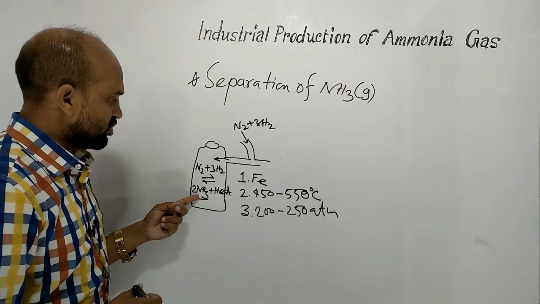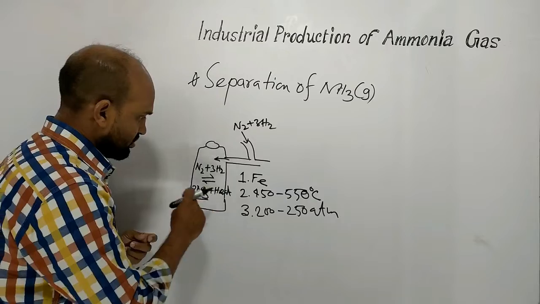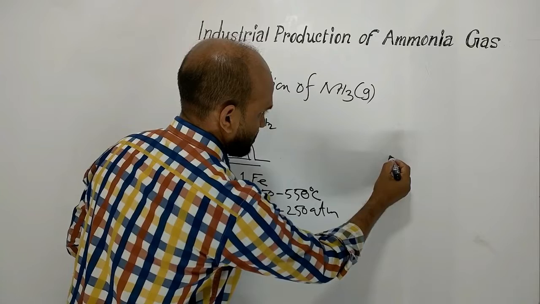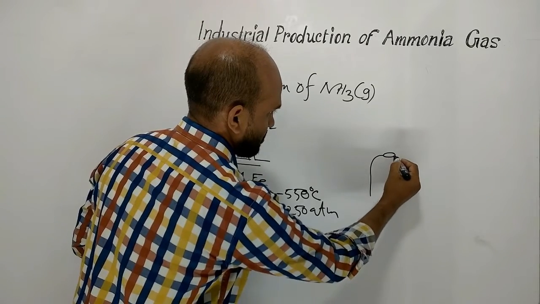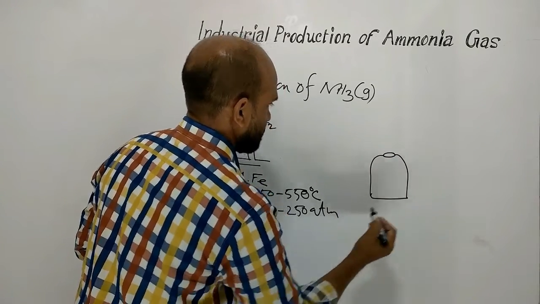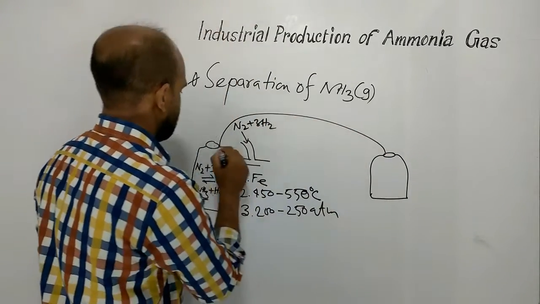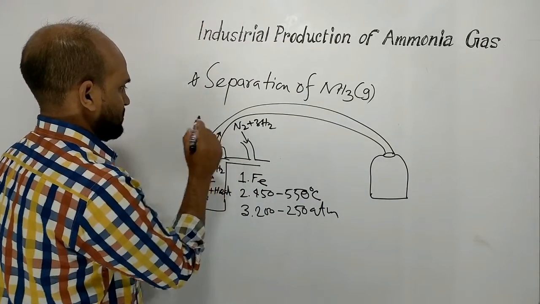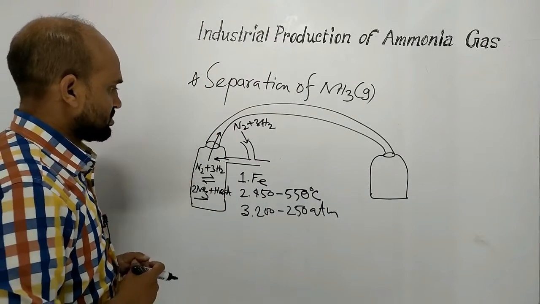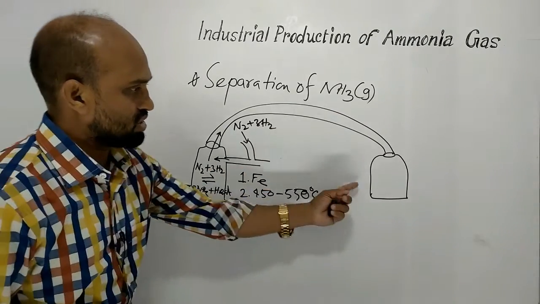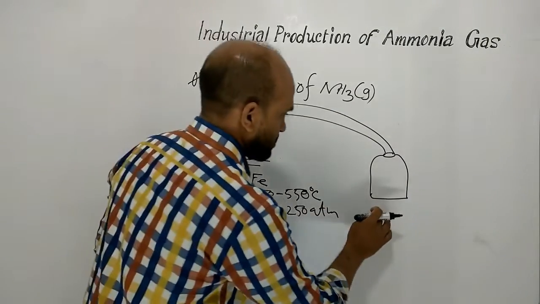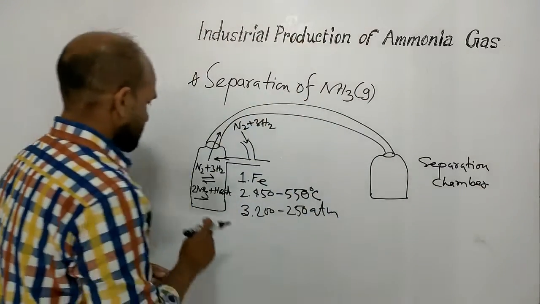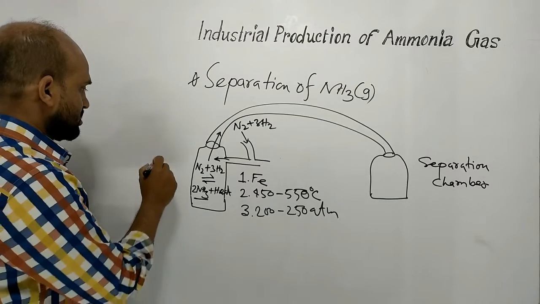To separate this ammonia, this mixture of gases is sent to another chamber. This is called the separation chamber. This chamber is known as the reaction chamber.